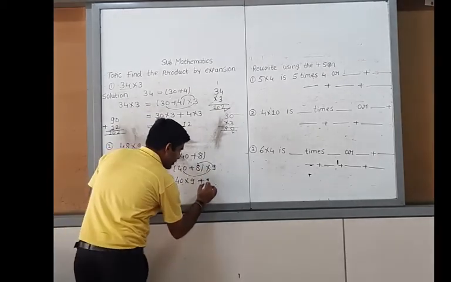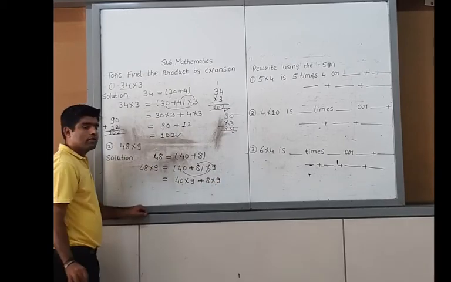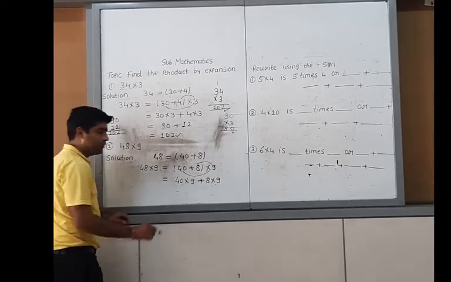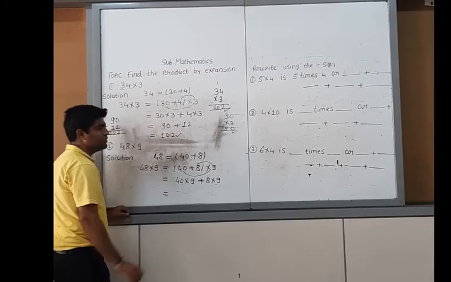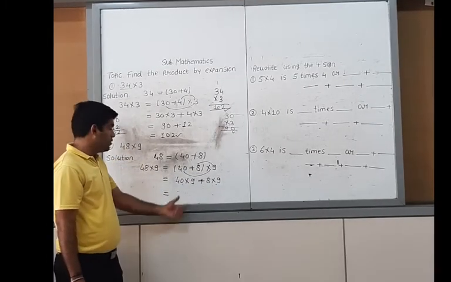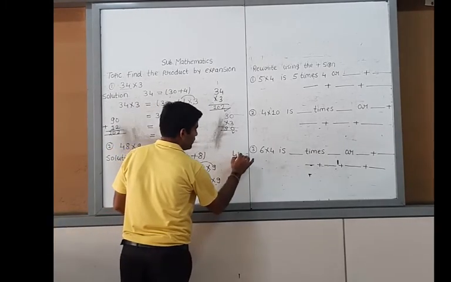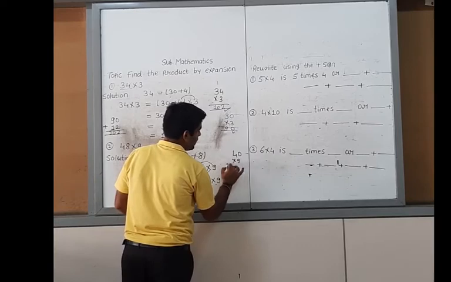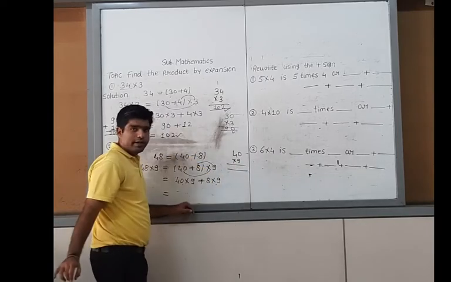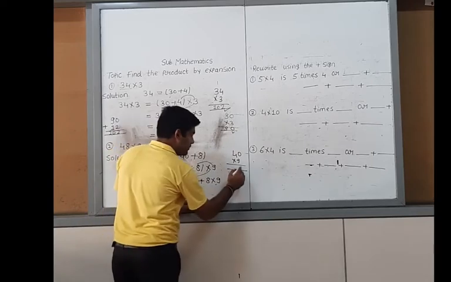This is 40 multiplied by 9, and next is 8 multiplied by 9. Now, so simple multiplication. Now we solve 40 multiplied by 9. 9 multiplied by 0 is 0.